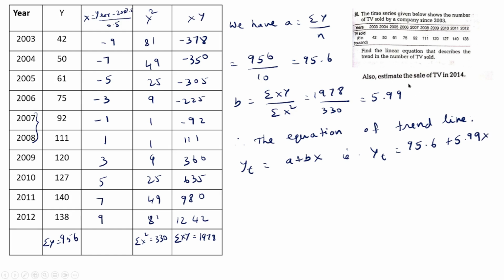And next we have to estimate the sale of TV in 2014. So here in place of x we have to put 2014 minus 2007.5 upon 0.5. So this will be 6.5 by 0.5, which is 13.